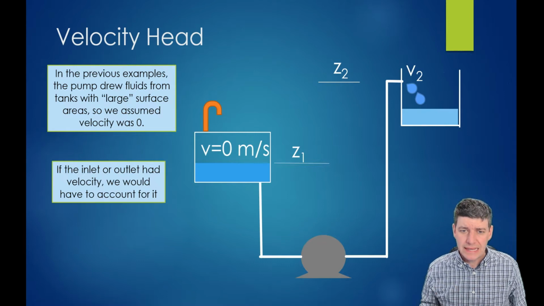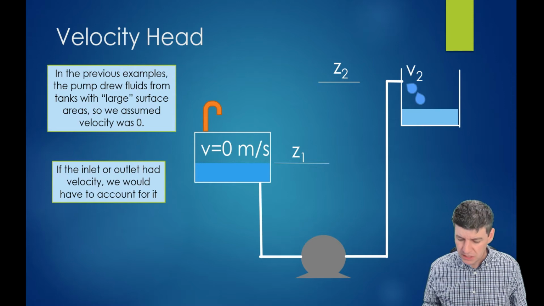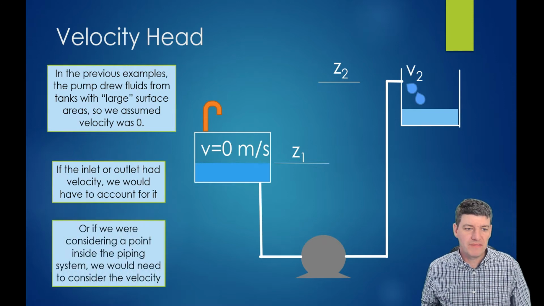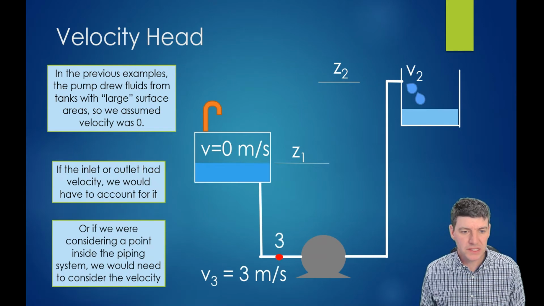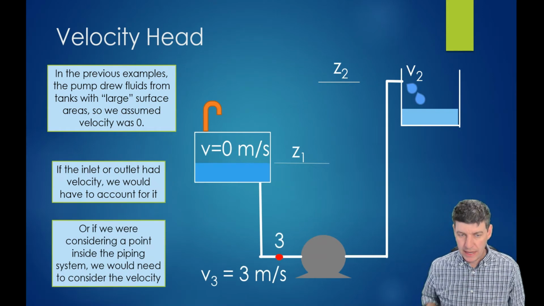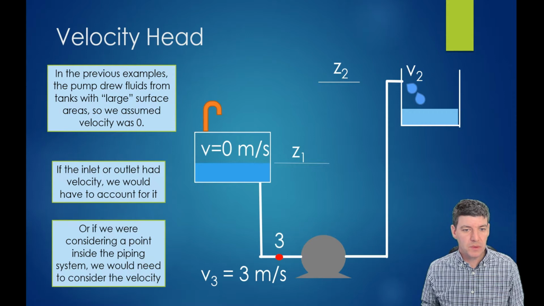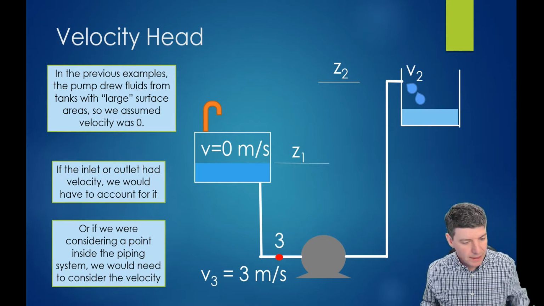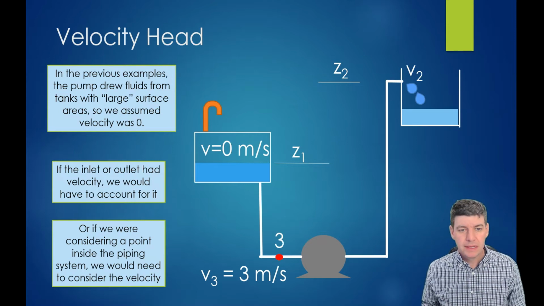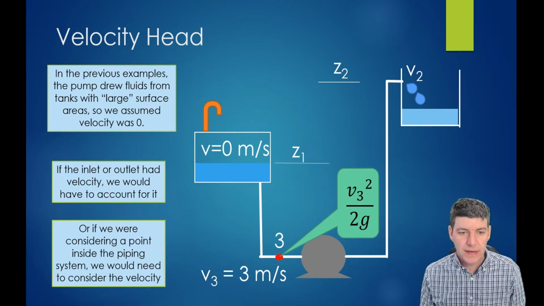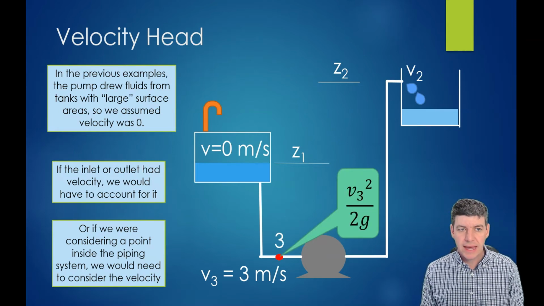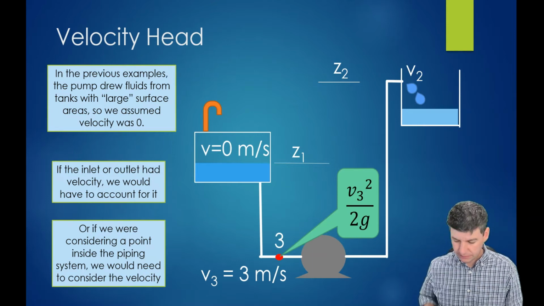The more likely scenario that you're going to come upon in your exams would be that we have a piece of piping and we need to consider a velocity moving through that. So in this case, if we were considering a section of piping, either leading into the pump or leaving the pump, we'd have to consider the velocity head in that case.